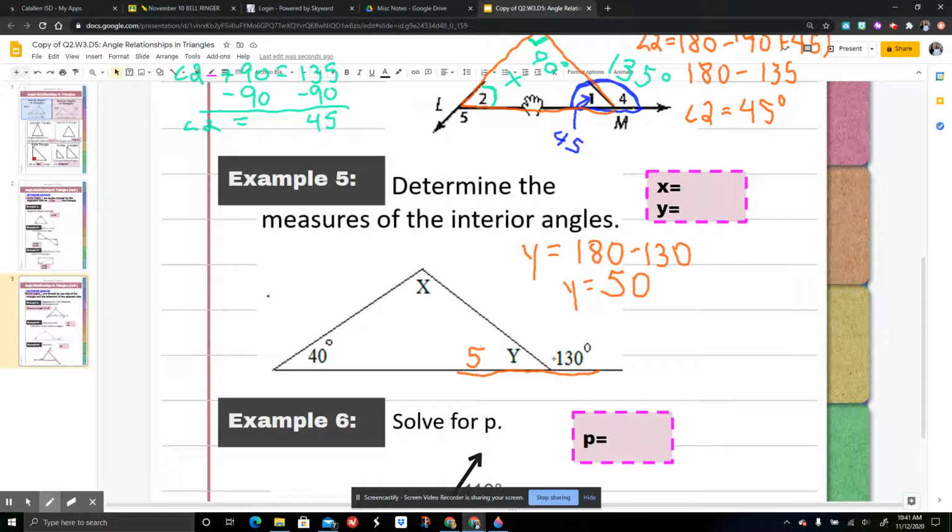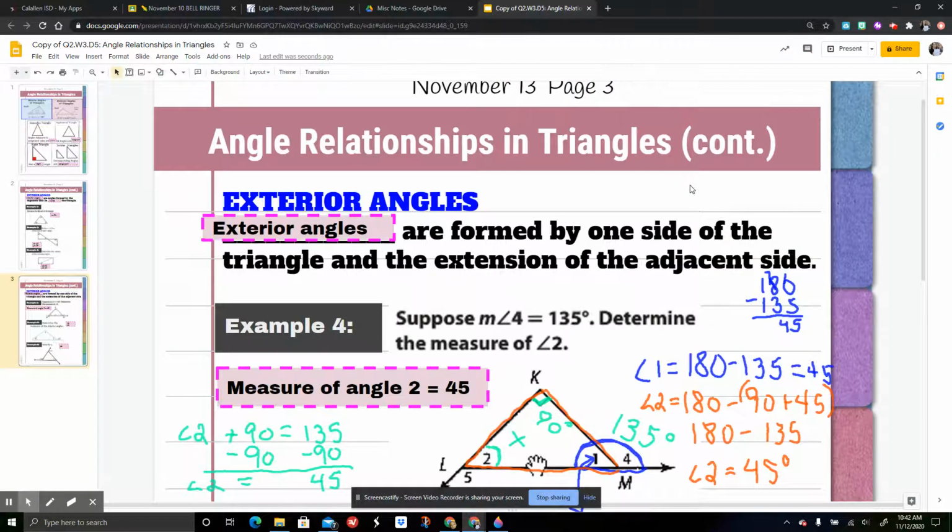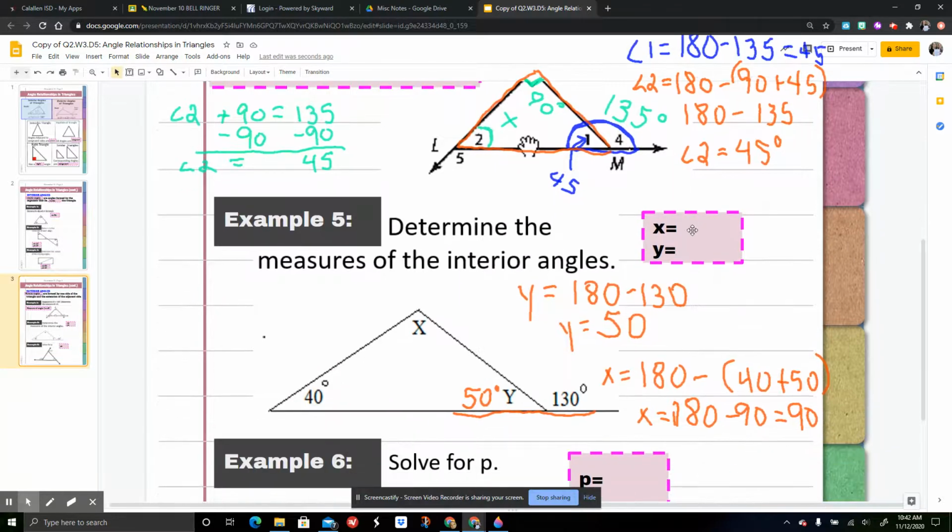Since this is 50, and I know that these three add up to 180, I can say X is equal to 180 minus the sum of 40 plus 50. 40 plus 50 is 90, and 180 minus 90 is 90. So X equals 90. And Y equals 50.